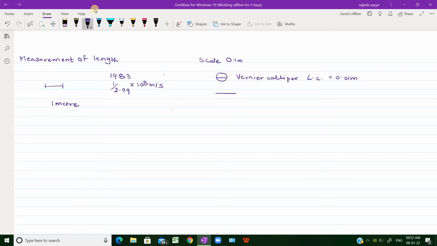More precisely, if we want to measure the diameter of a human hair or things like hair, then we use an instrument called the micrometer screw gauge.